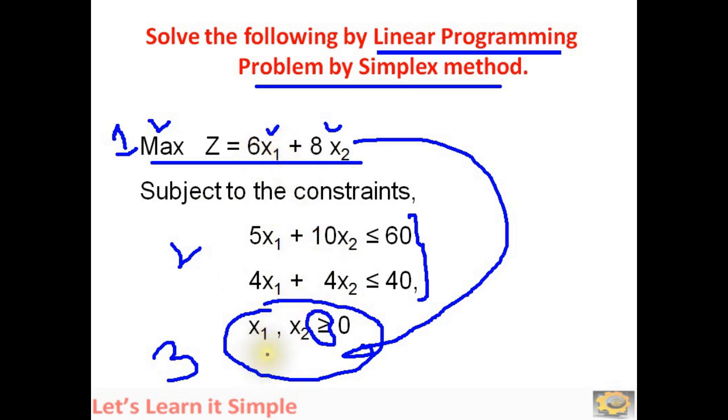These two variables are non-negative variables, and it is bound by a set of constraints, that is constraint 1 and constraint 2. Now if you look at the constraints, you have the less than or equal to symbol. This is the typical feature of an LPP or a simplex method: objective function, constraints and non-negative variables.